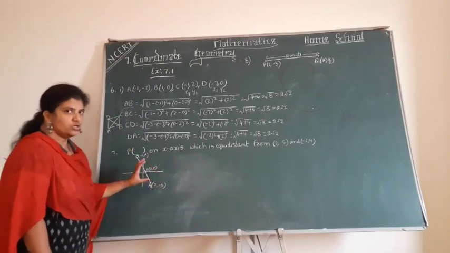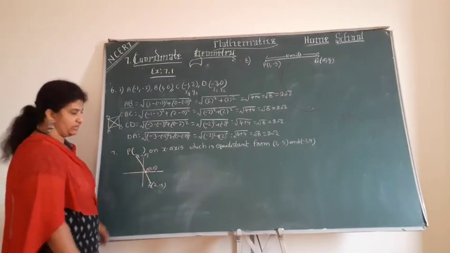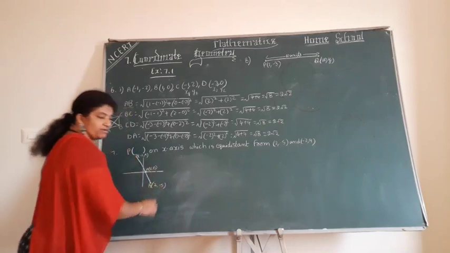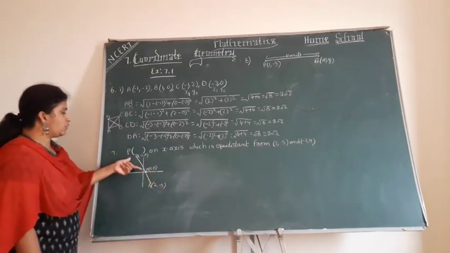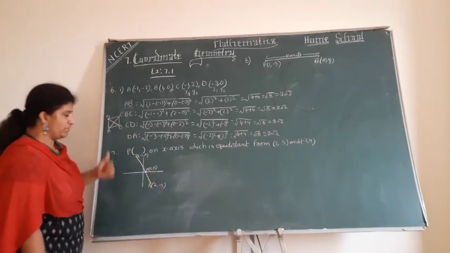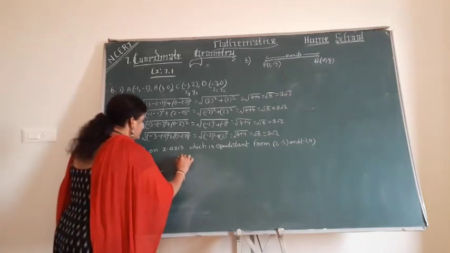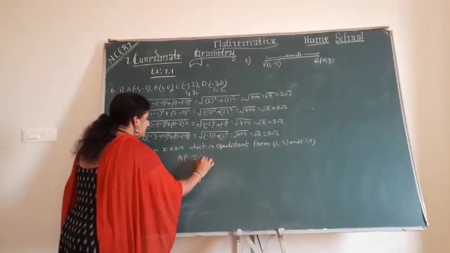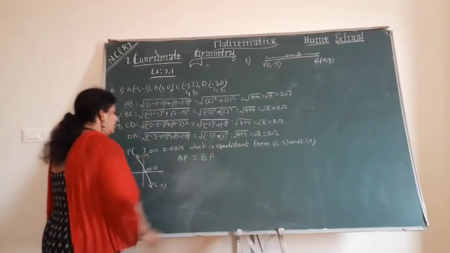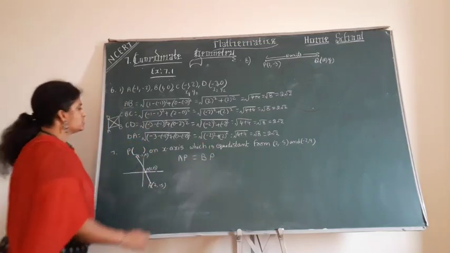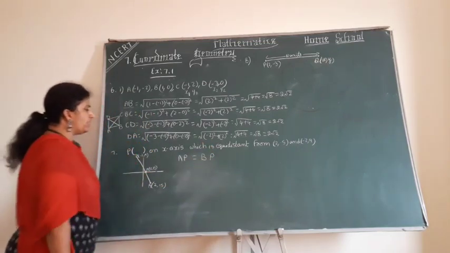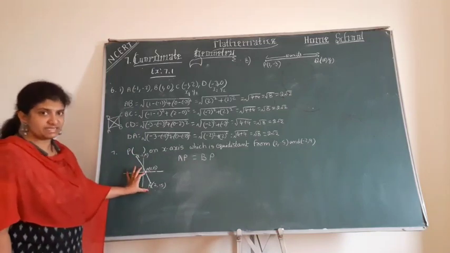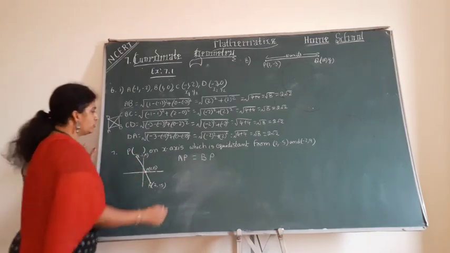Equidistant is told, no? So you can choose one method. How? The distance between A and P will be equal to the distance between B and P. How do you write this? AP is equal to BP. So what is AP and what is BP? You should find the distance between them. Actually, you know the distance formula.